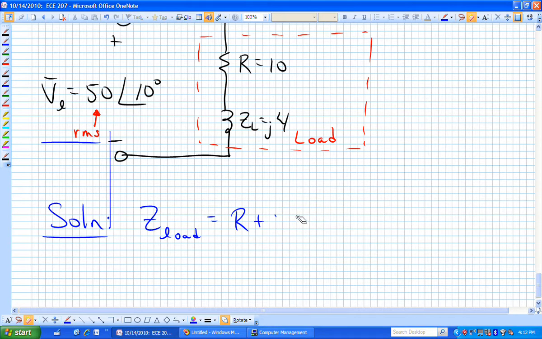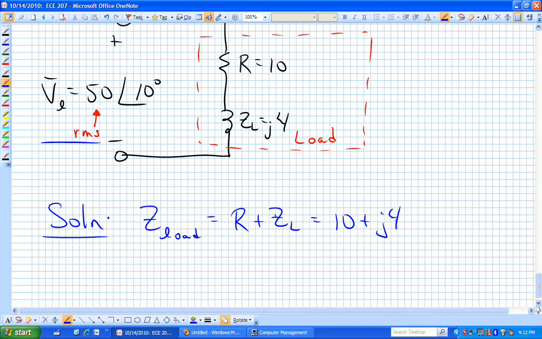This is R plus Z sub L, where my Z sub L is already in J4 form. This is now 10 plus J4. Those are in series, so they just combine. There's my 10 plus J4, that's my load.